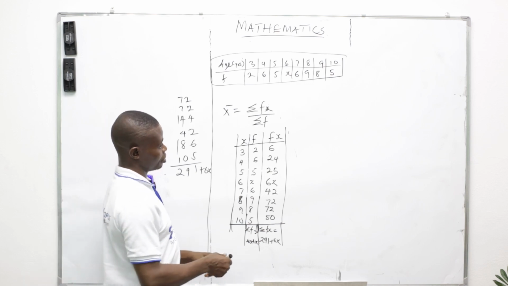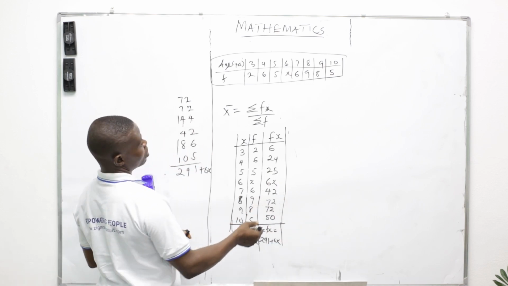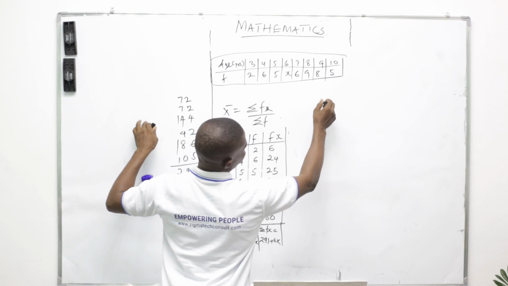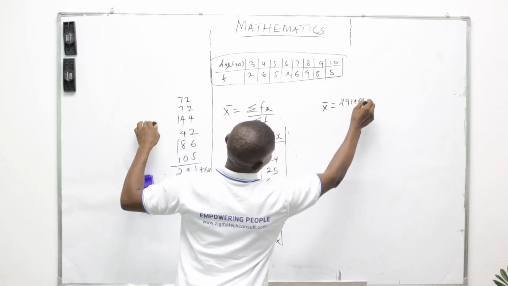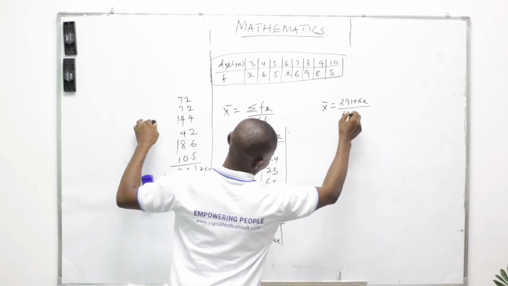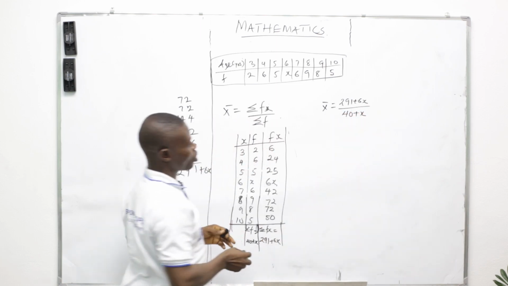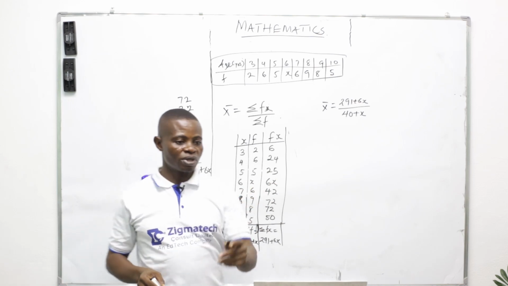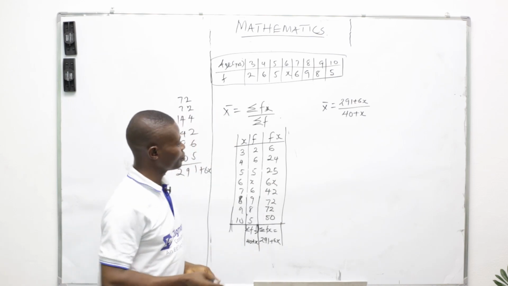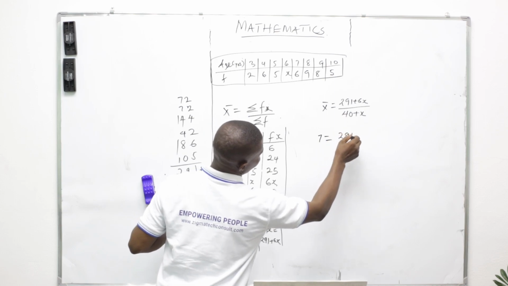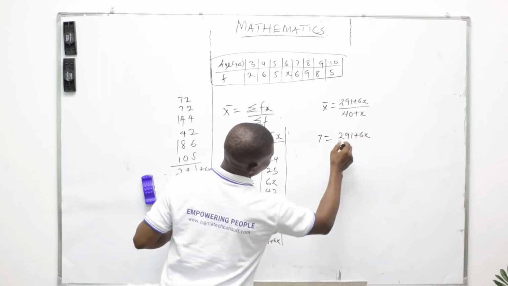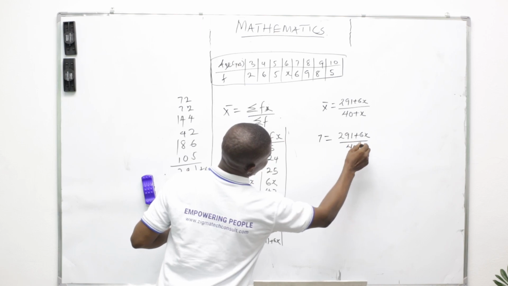Okay, that's accurate. So, x bar equals 291 plus 6x all over 40 plus x. Recall mean was given to us, which is 7. So you now say 7 equals 291 plus 6x all over 40 plus x.